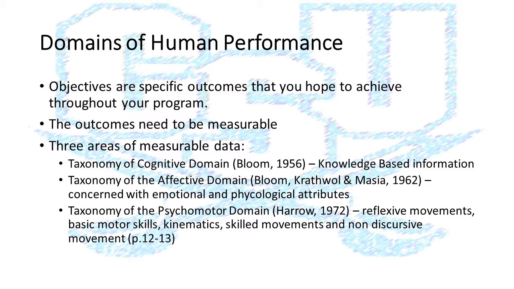The 3 areas of measurable data. So we have the cognitive domain taxonomy, the taxonomy of the affective domain, and the taxonomy of the psychomotor domain. As we all know, taxonomy just means a classification system. In 1956, Bloom developed the cognitive domain, which included knowledge, comprehension, application, analysis, synthesis, and evaluation.